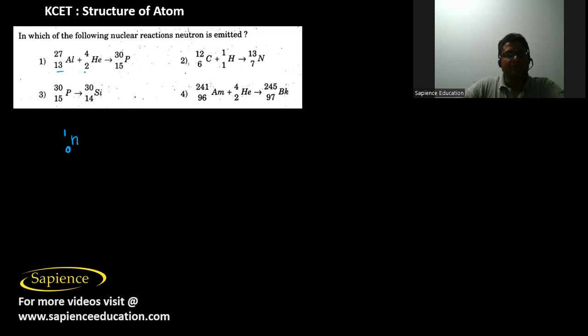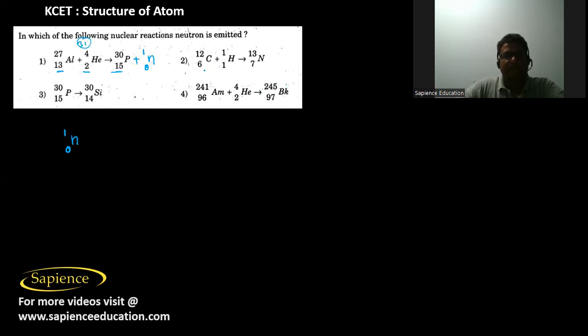Here you can see 13 plus 2, there are 15 protons on the left hand side and on the right hand side also. And the number of nucleons on the left hand side is 27 plus 4, which is 31, but here it is 30. So here one neutron should be emitted.